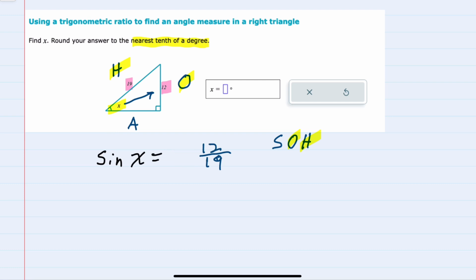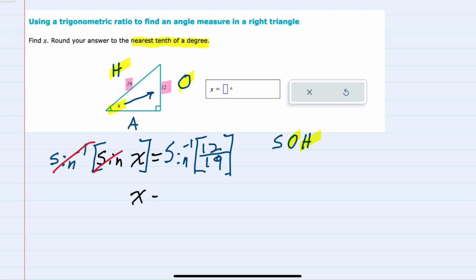I'll give myself a little room here and say that to isolate the x on the left-hand side, I would need to take the inverse sine of that side, which means I would also take the inverse sine of the right-hand side. Sine and inverse sine cancel, giving us that x is equal to the inverse sine of 12 over 19. And from here, we just need to use a calculator.